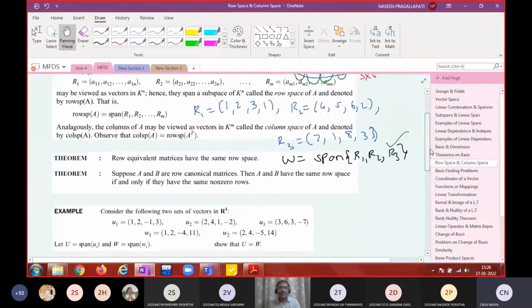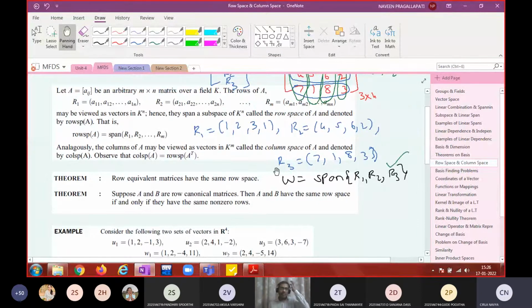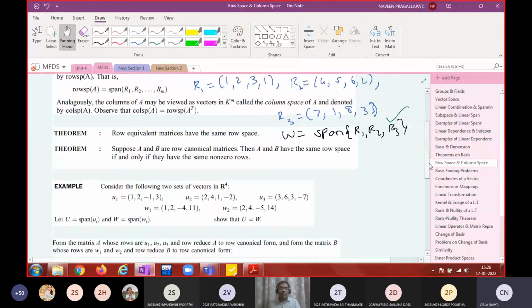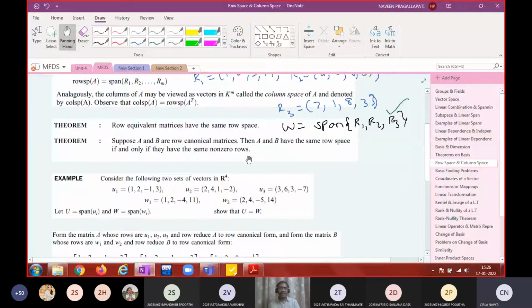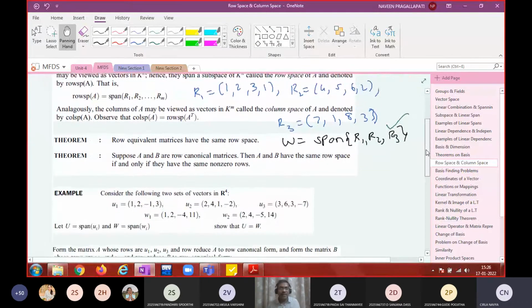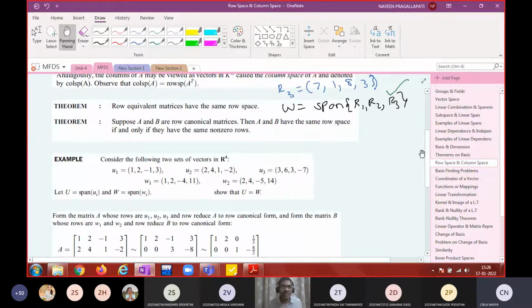And the result says that row rank is equal to column rank. Or you can say that both spaces will have the same dimension. The space generated by column vectors will have the same dimension as the space generated by the row vectors.